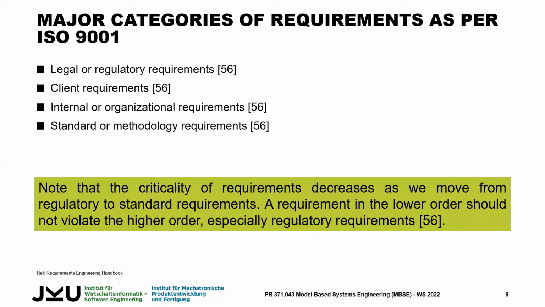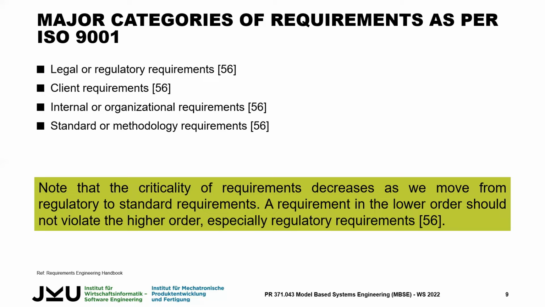There are some major categories from the ISO 9001 also, but ISO is always very confusing because they try to cover everything, and most of the time you will lose the direction of what they are really talking about.